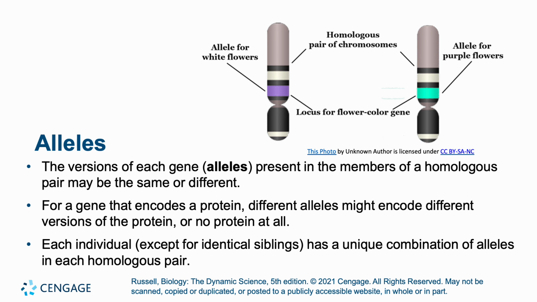Okay, so here we have an allele for the color of the flower. So sa left side, the allele for this flower codes for white. On the other hand, yung allele for the right chromosome codes for the color purple.